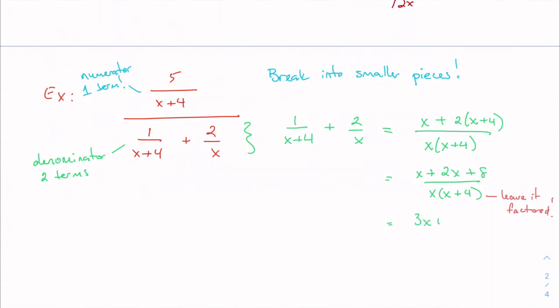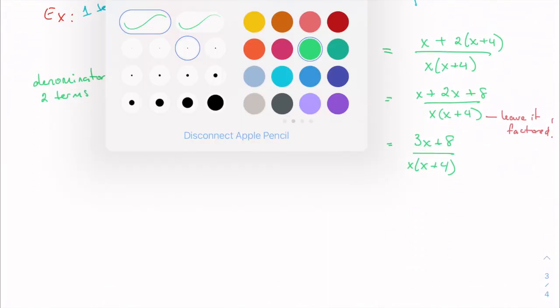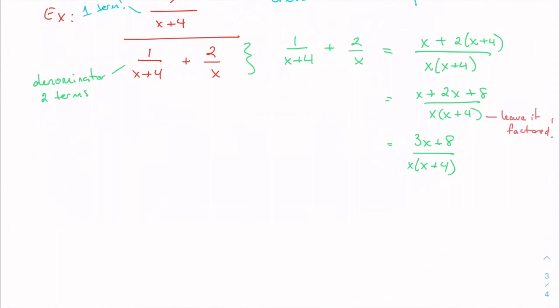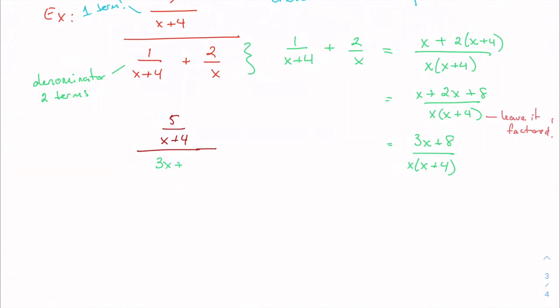So I have 3x plus 8 over x times x plus 4. Well, great. So we actually can reduce this. We can simplify it, make it easier to work with. So if I go to rewrite my equation using what we've come up with, I have 5 over x plus 4 divided by 3x plus 8 over x times x plus 4.